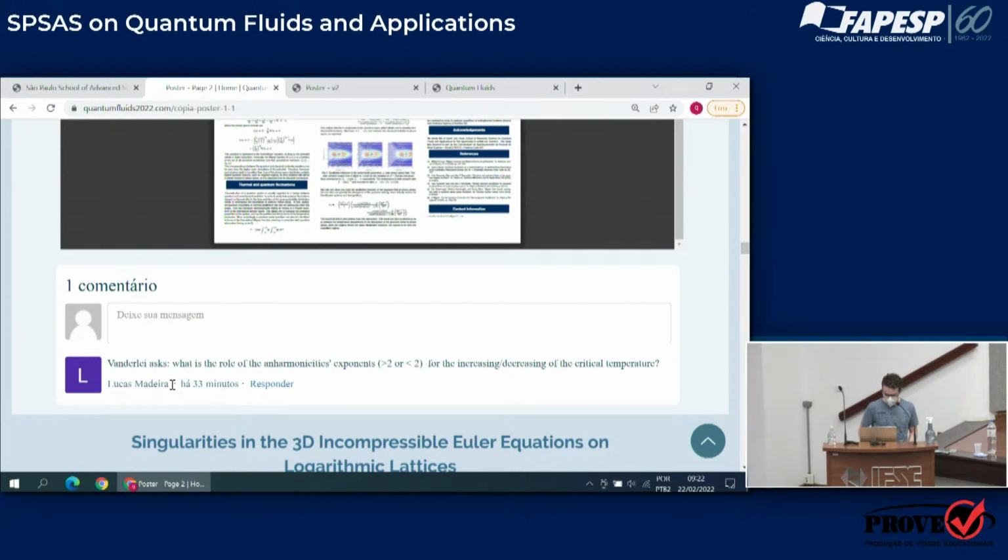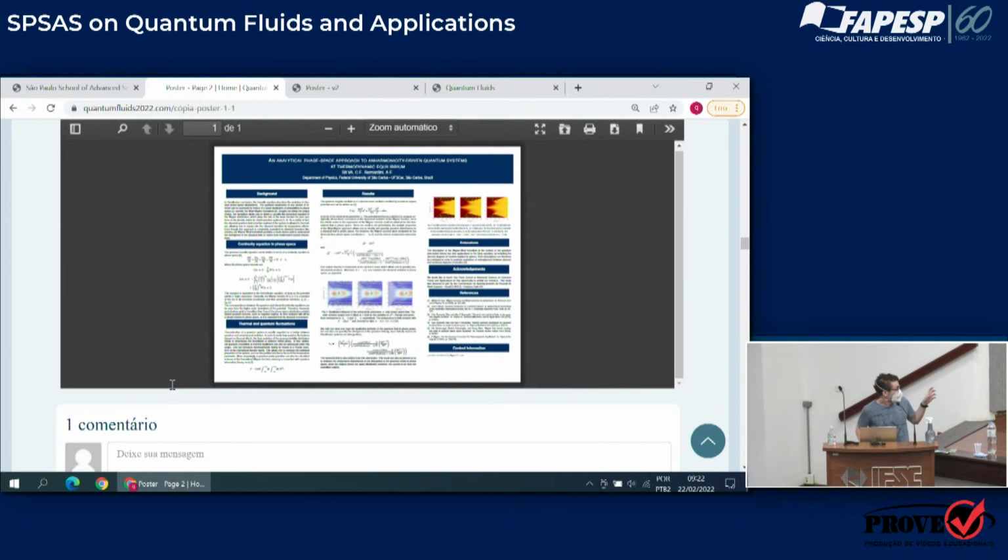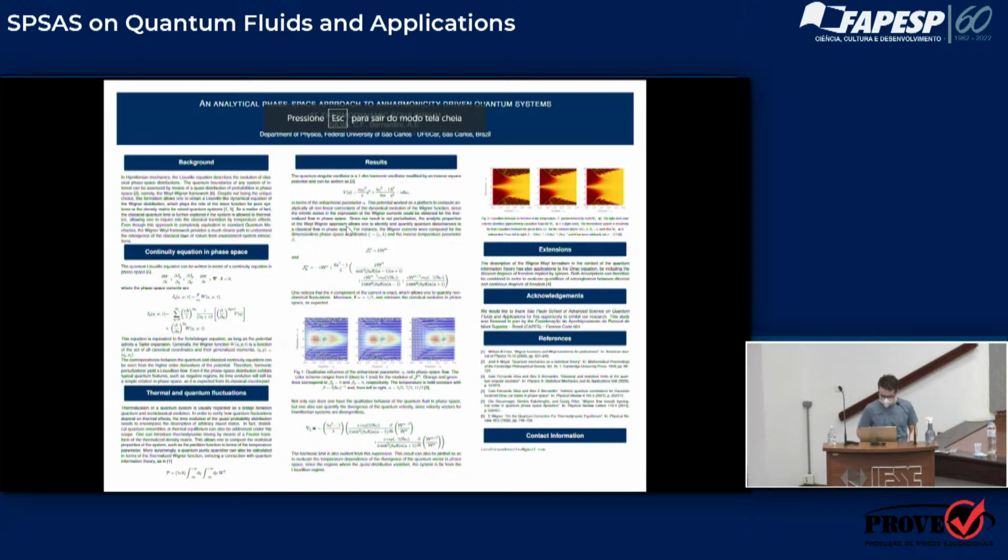What is the role of anharmonicity exponents greater or smaller than 2 for the increase and decrease of the critical temperature? One of the main results we obtained, let me just expand the poster here, is from this anharmonic oscillator, which is this inverse square potential.